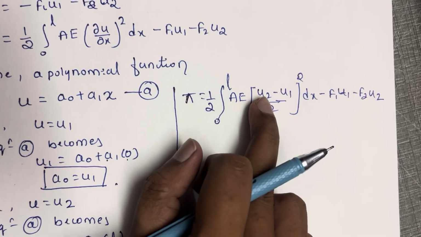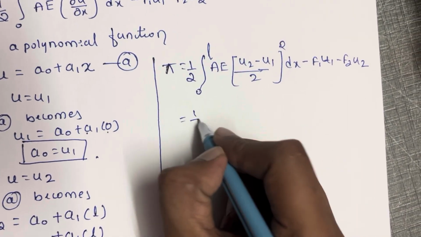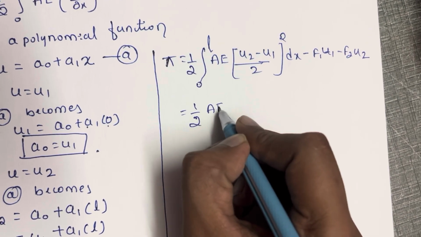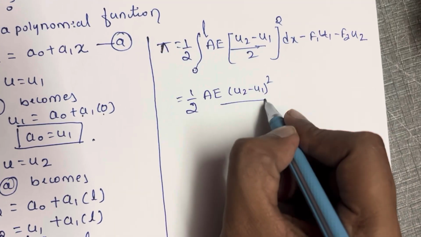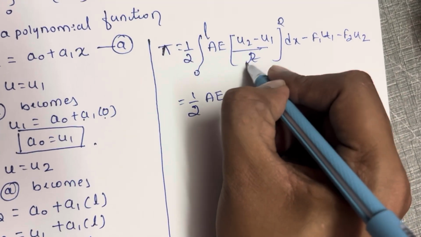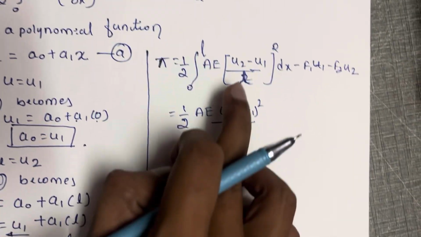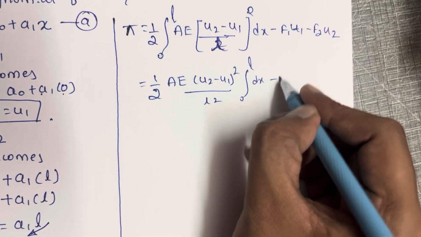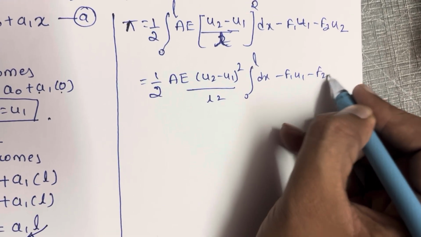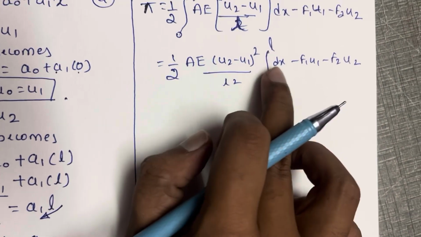Here this is constant, so I will take it outside: 1 by 2 AE (u2 minus u1) whole square divided by L square. Since this is L, this is L, we have L into the integral from 0 to L of dx, minus f1 u1 minus f2 u2.